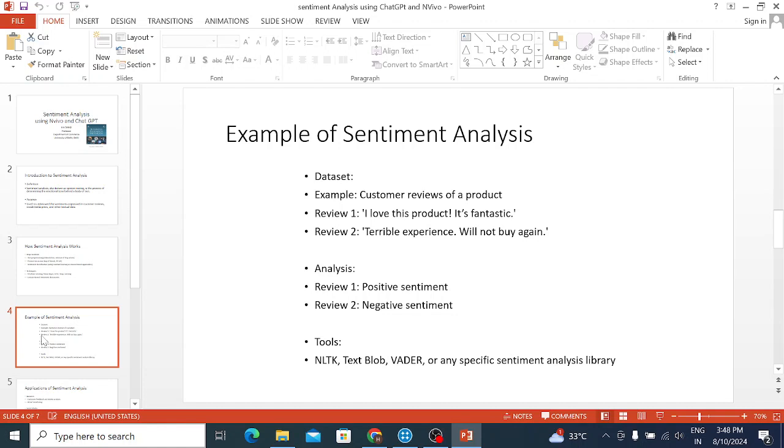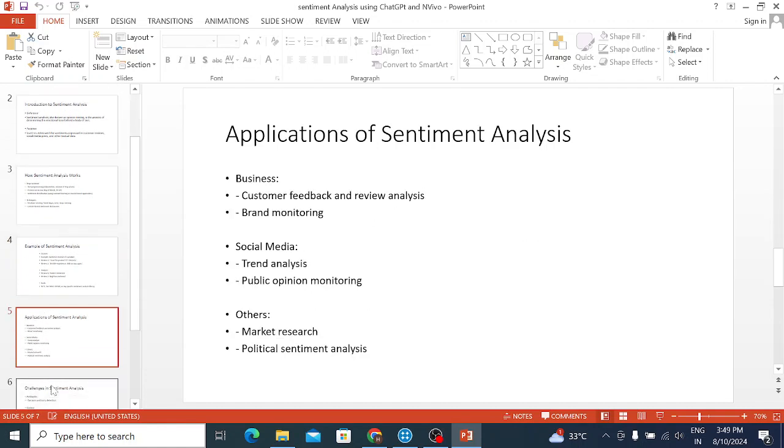So it's a positive sentiment. "Terrible experience, will not buy again" is a negative sentiment. So this approach is one in which you assign a polarity to each word, and then the algorithm identifies whether the sentiment is positive or negative.